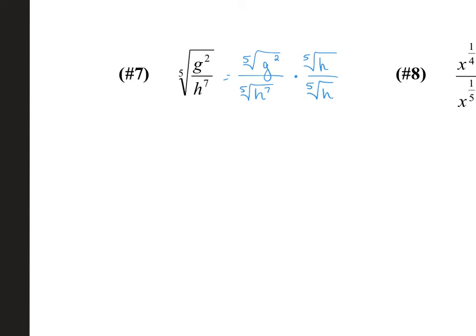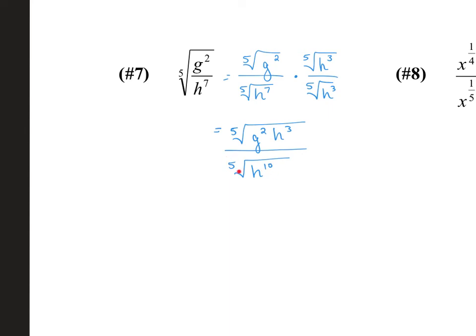So I'm going to do h cubed. And if you don't understand why I'm doing that, you'll see in just a second. On the numerator, I'll have the fifth root of g squared h cubed. And in the denominator, I'll have the fifth root of h to the 7 plus 3 power because I'm adding those exponents together, so it's going to be h to the 10th.